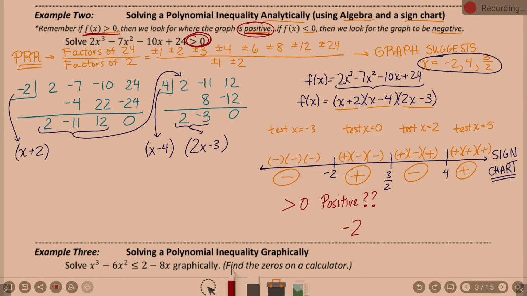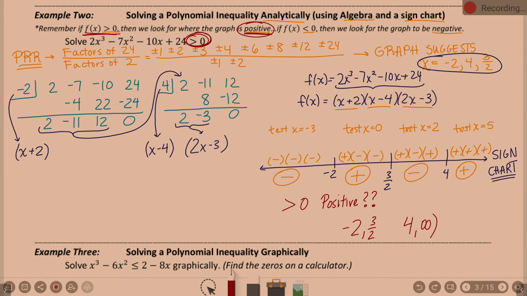Between -2 and 3/2, and what was the other one? And 4 to infinity. Okay, well, infinities always use parentheses. The question was greater than 0. Do we care that it equals 0?